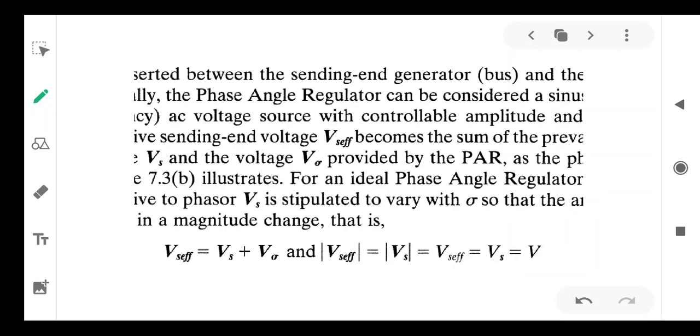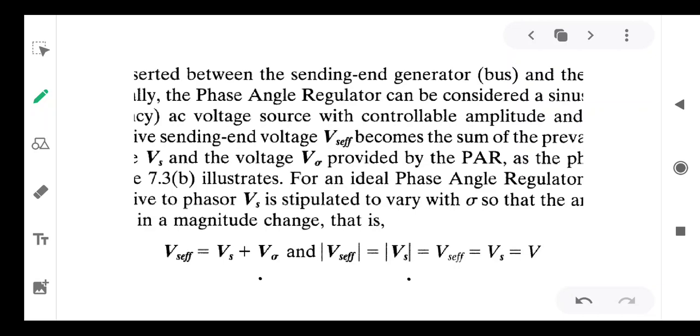This is the effective voltage Vs plus V sigma, such that Vs effective must be equal to Vs, the original voltage. The Vs effective is the summation of Vs plus V sigma, such that it will be equal to the sending end voltage.